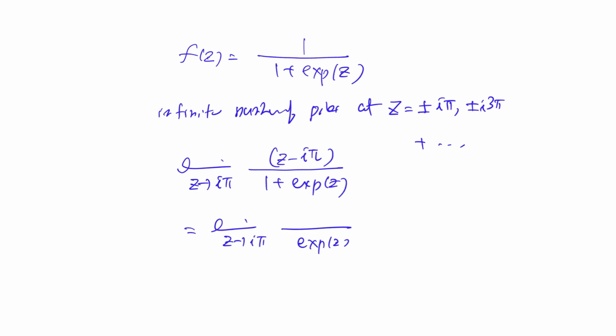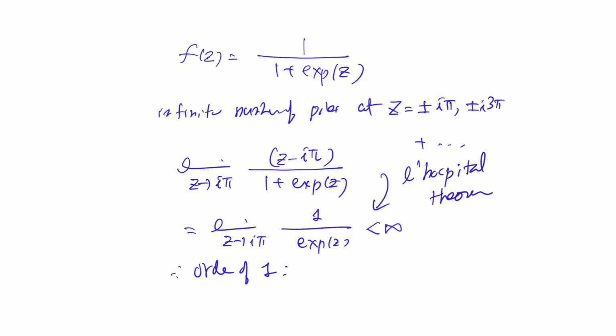Exponential z, 1. It is finite. Sorry. Anyway, so this has become finite. So simple pole, right? Order of 1.